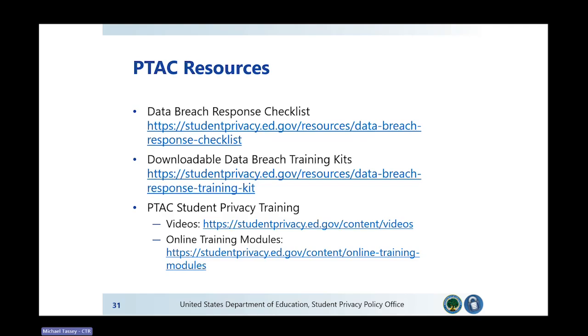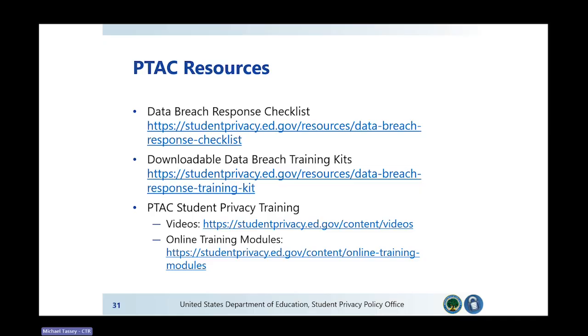Speaking of PTAC, we do have a ton of resources out there. Our data breach response checklist is a really good one to put your data breach response processes to the test. It's a great straw man if you're creating your own incident response process with your organization, so check it out. It's on our website. We have downloadable data breach training kits, which are those scenario packets that you can use for tabletop exercises. They're great. They're rebrandable for your organization, and you can make changes.